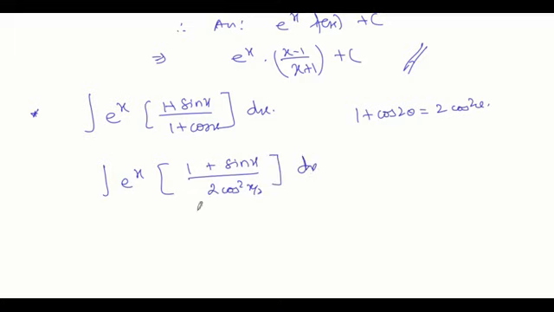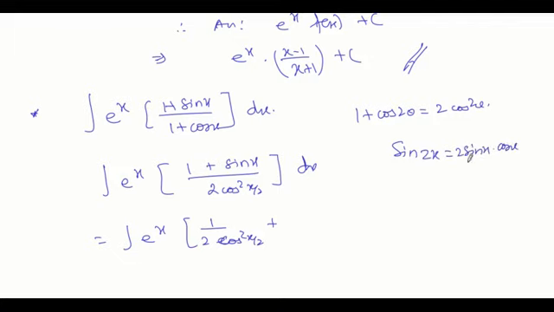Okay? So now, integral e power x, I am going to divide it. This 1 by 2 e power, cos square x by 2, plus the sin x we are having. Here x by 2, the numerator also should be in x by 2 form. Then only we can do some simplification. So we use the sin 2x formula, which means 2 sin x into cos x.